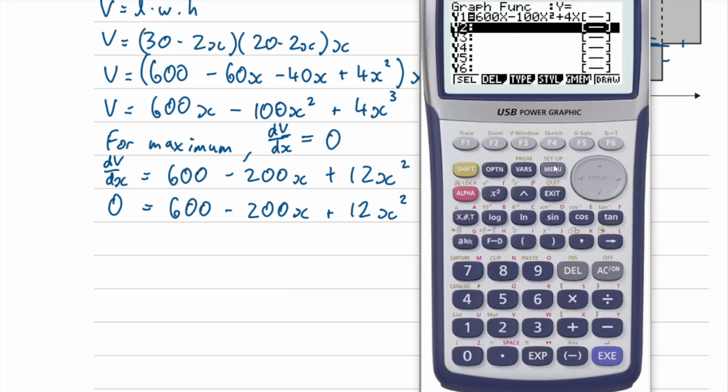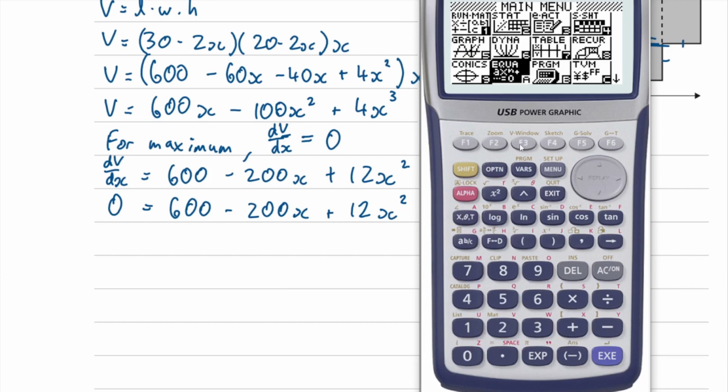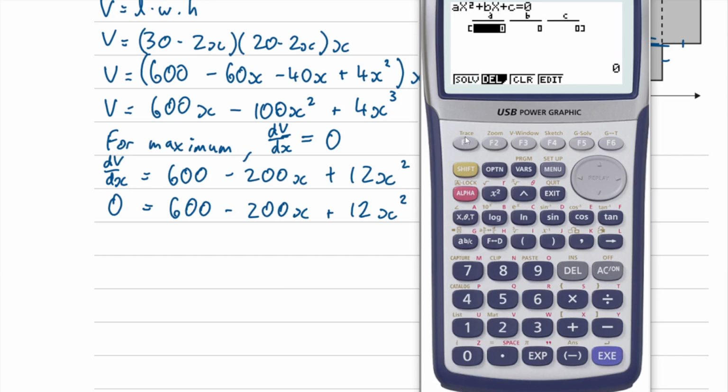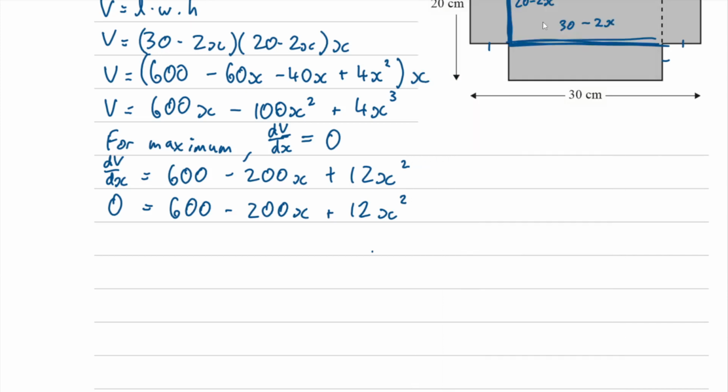So to do so, menu, equa. We are using F2, polynomial solver, degree 2. That just means x squared is the highest power. And see, we have ax squared plus bx plus c equals 0. So 12x squared minus 200x plus 600 equals 0.